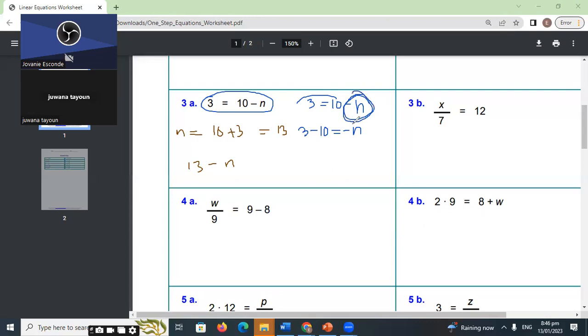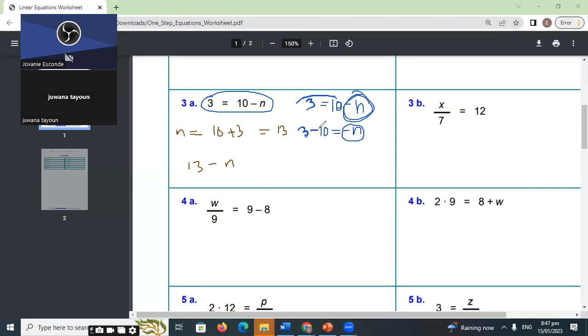So only n or negative n remains here. If we transfer that 10 to the other side, it becomes negative, right? So minus. This 3, since we did not transfer 3, just copy 3 there. And since we transferred 10 to the other side, it becomes negative.